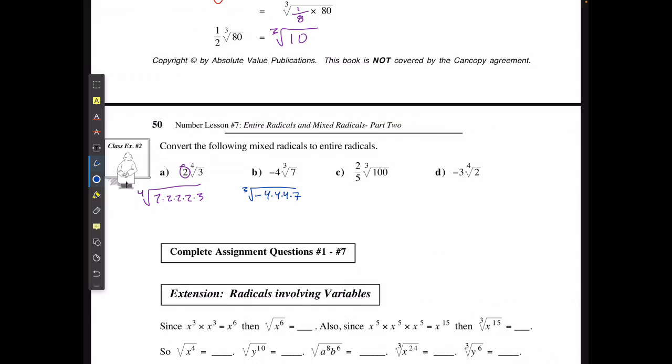If I am doing a fraction, it works the same way. And the only one I have to be careful of is if I have an even index. Then I still need to remember, just like with square roots, the negative will still have to stay on the outside for an even index.